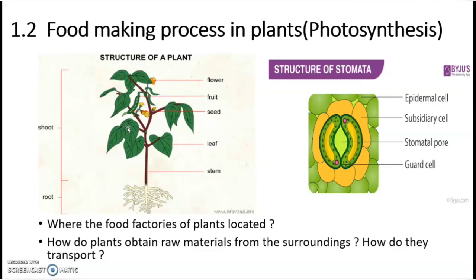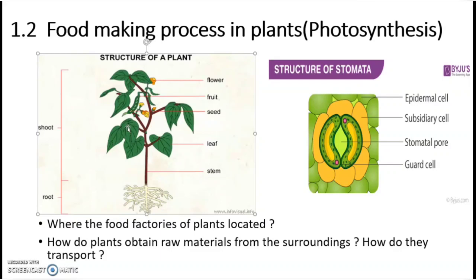What is the reason? It is because of the presence of the green pigment called chlorophyll. Leaves have more chlorophyll. Due to that, they can trap sunlight.